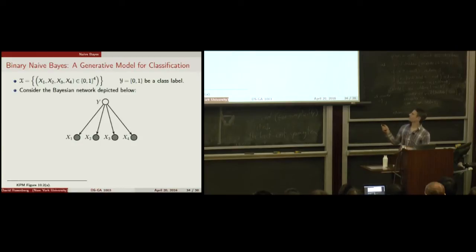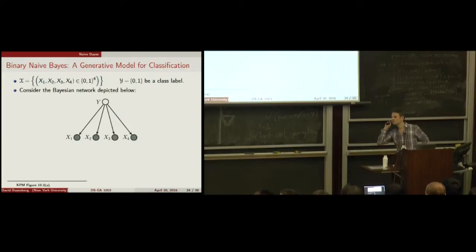Okay, let's break it out. Each of these things is conditioned on Y. So first consider the Y equals 0 case. For Y equals 0, we need the probability that x1 is 1, x2 is 1, x3 is 1, x4 is 1. So we have 4 parameters for the Y equals 1 case, and 4 parameters for the Y equals 0 case. So we have 8 that we need to specify this distribution.